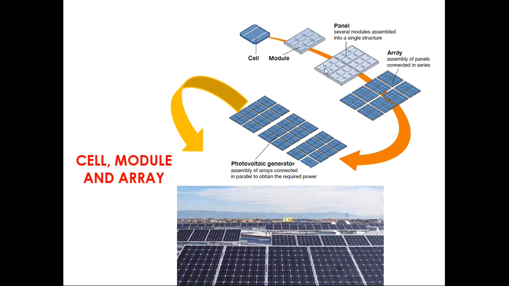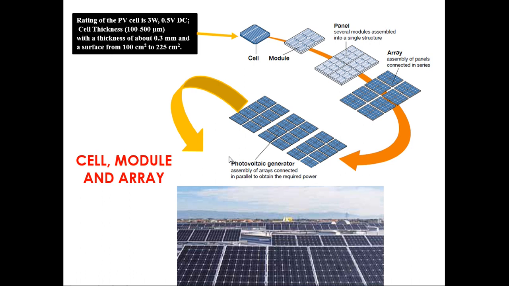Then for a module or a panel, a number of panels are connected in this way as an assembly of series-connected modules. Then we have the photovoltaic generator as array and string. The string is a very important word because we will usually be using string inverters. And then we have the photovoltaic generator.